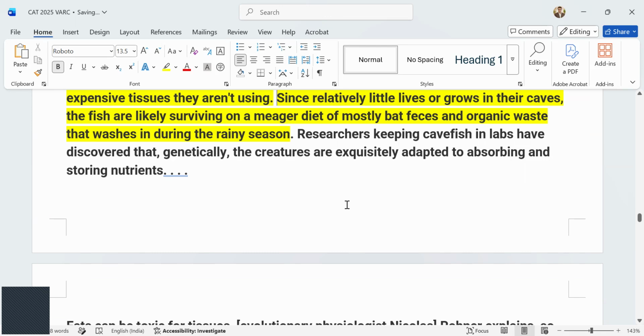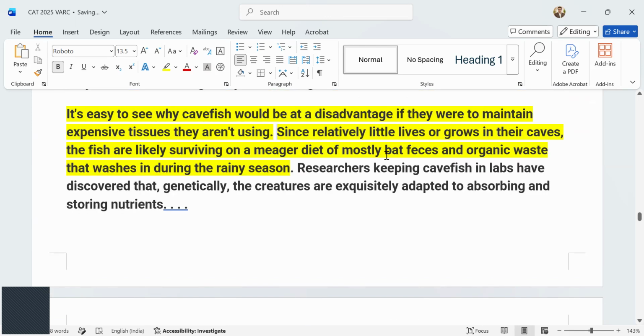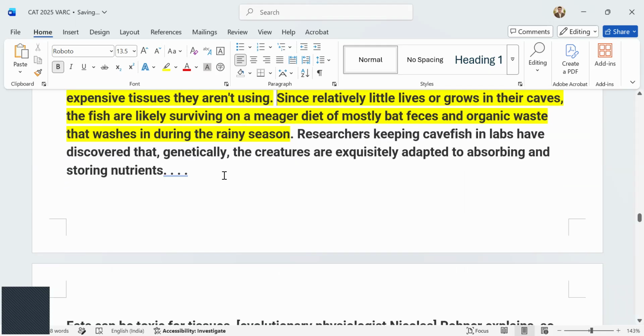Researchers keeping cavefish in labs have discovered that genetically the creatures are explicitly adapted to absorbing and storing nutrients. So this is yet another enhancement: cave fishes can absorb and store nutrients. This is yet another genetic modification, or genetic ability, that they have within them.